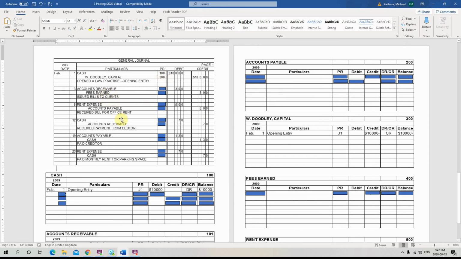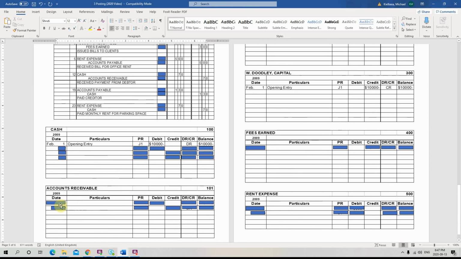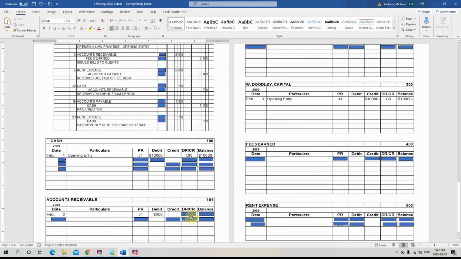All right, next one is accounts receivable on the 3rd. Okay, so accounts receivable coming from J1, a debit of 300. So we have a balance of $300. We indicate where we posted to, 101, and we move on to fees earned. That's our revenue account.